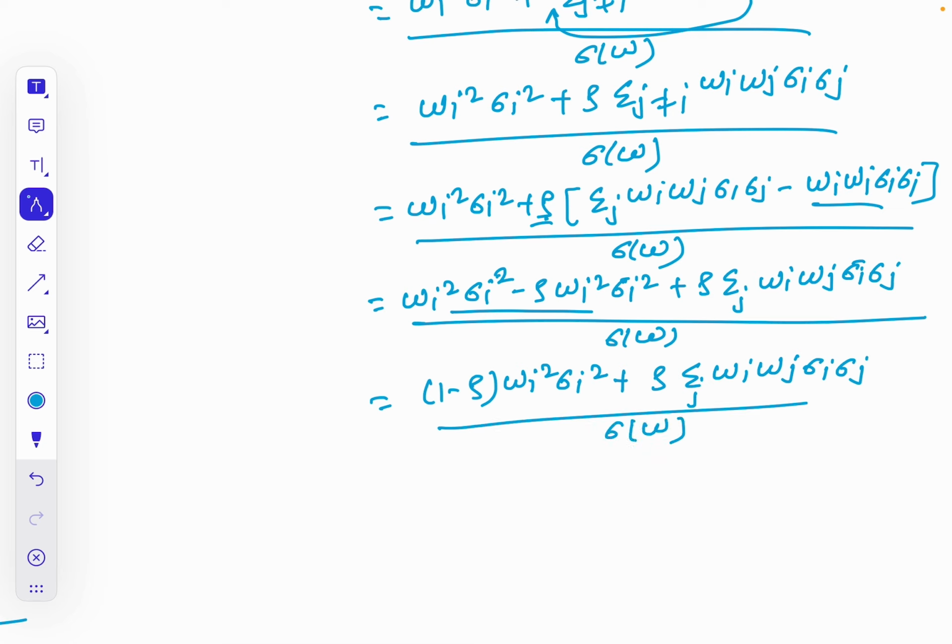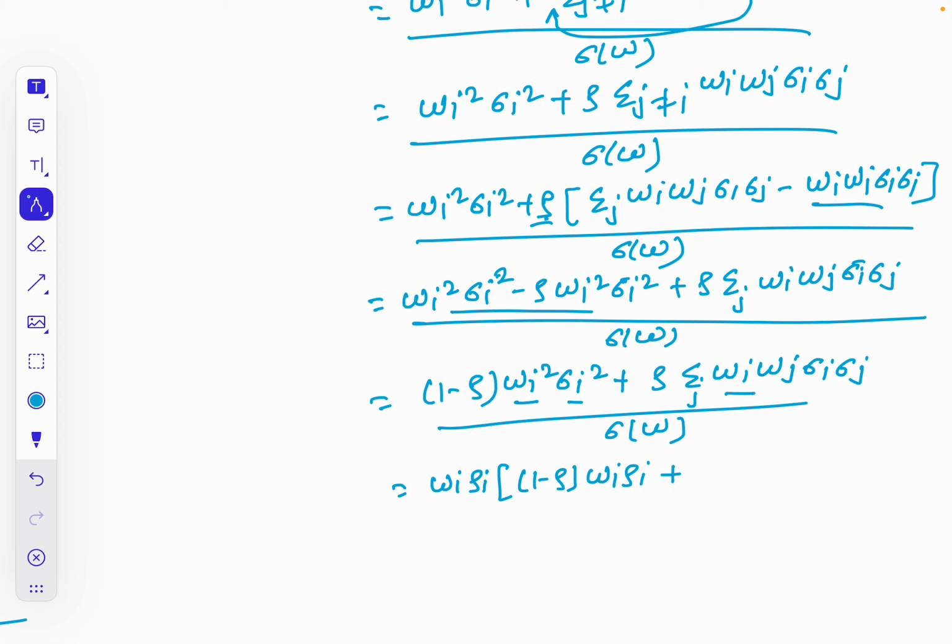Now you see this wi is a constant. For example, we are calculating it for a constant i, right? So we can take wi rho i outside. So it would become 1 minus rho, wi rho i. Got it?